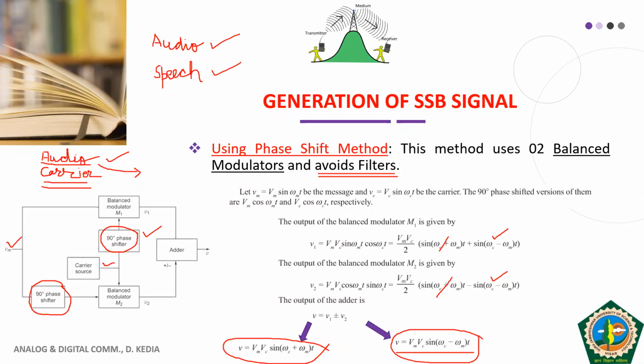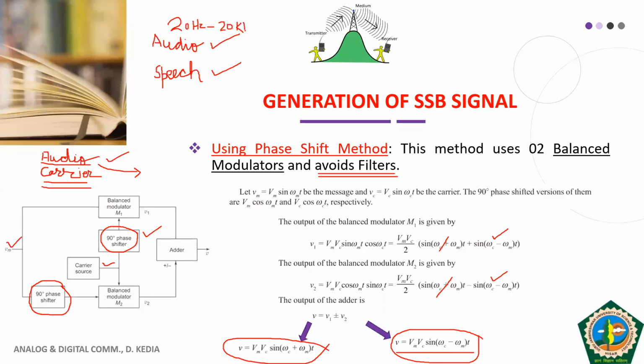And speech signal is what we can speak, we can generate through our vocal cords. Your audio signal range is from 20 hertz to 20 kilohertz, that you very well know. So your audio signal range is between these frequencies.